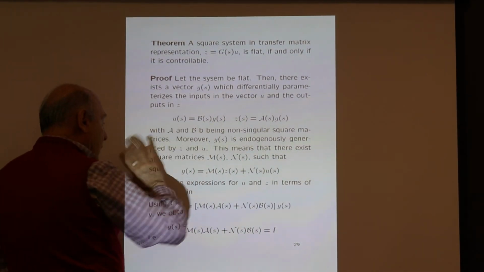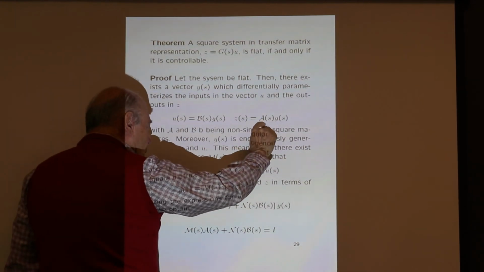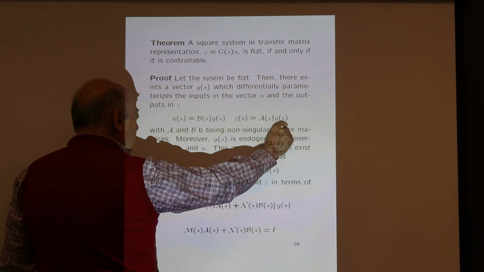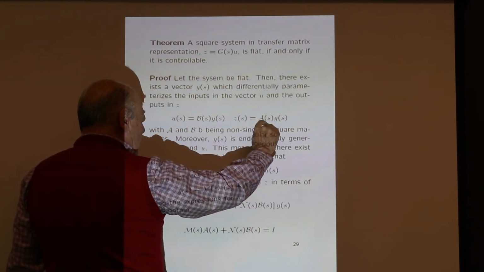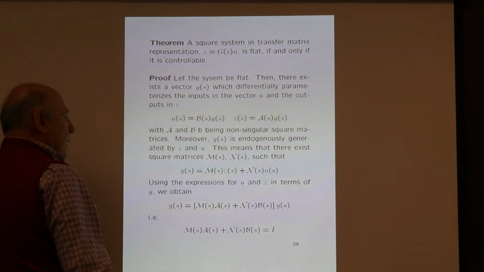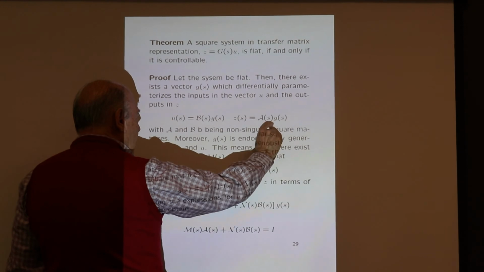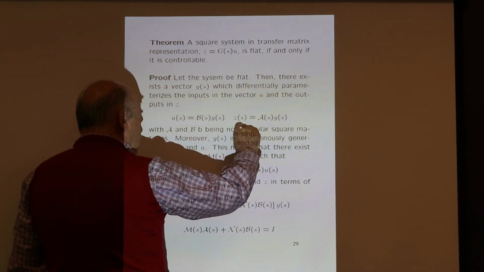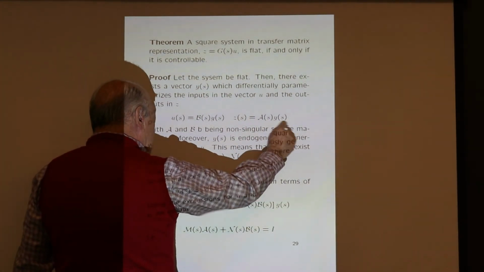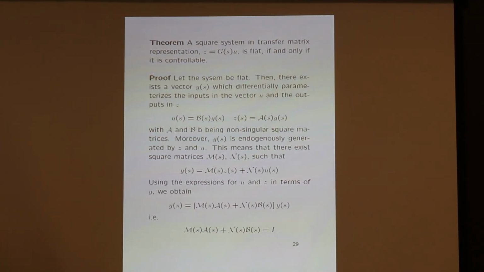Remember that A and B are no longer transfer function matrices. These are polynomial matrices. So A and B have rows which are only polynomials in the variable S. That means differential polynomials in terms of the derivative operator. Therefore, Z, the actual output of the system, is differentially parameterized by y, and u is differentially parameterized by y also.